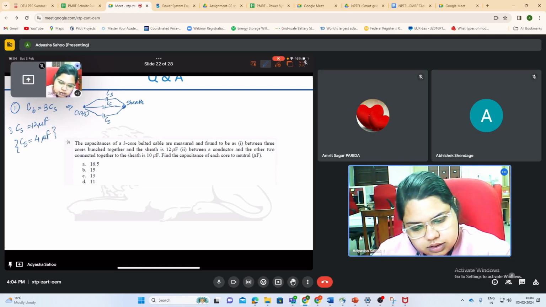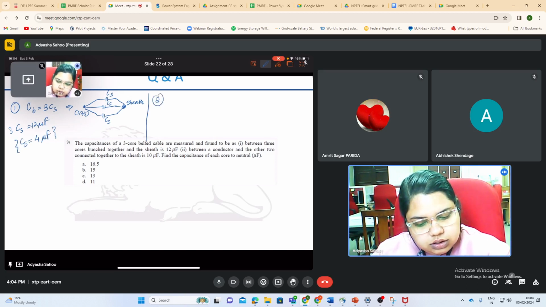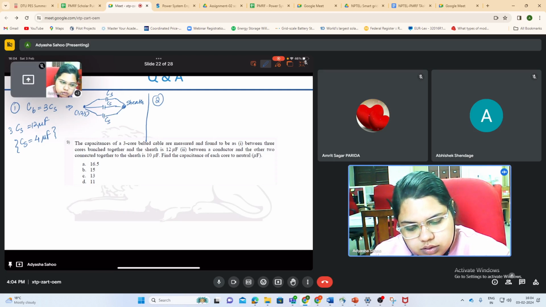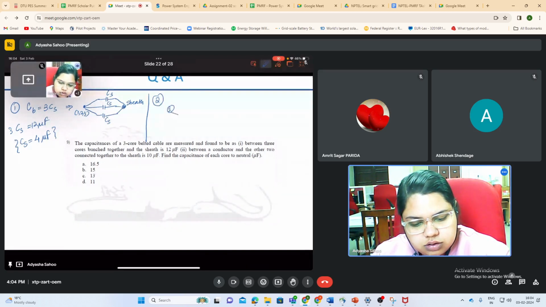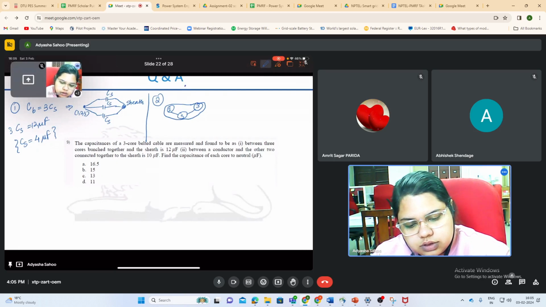Then in the second experiment, the measurement is between a conductor and the other two connected together to the sheath. Here we see that the sheath and the third conductor are clubbed together as a single node, and we have the first conductor, let's say conductor 1.